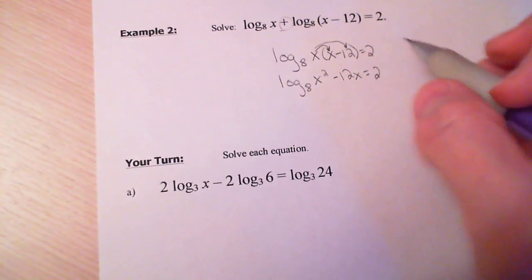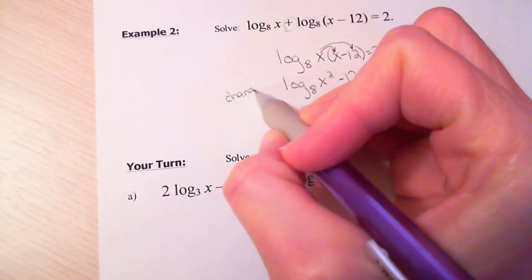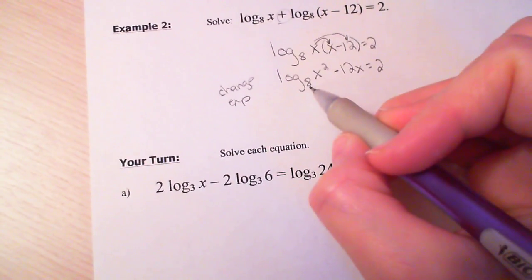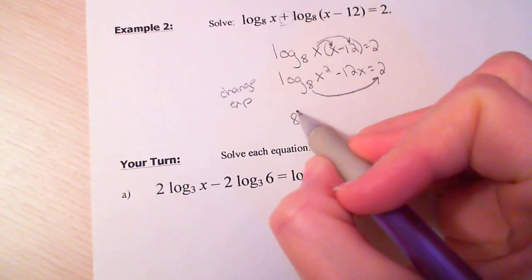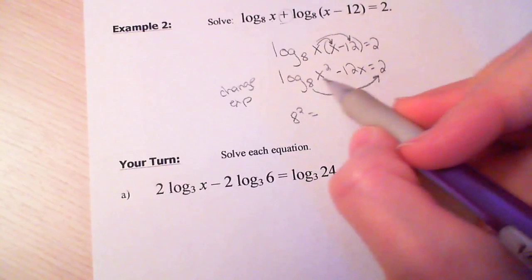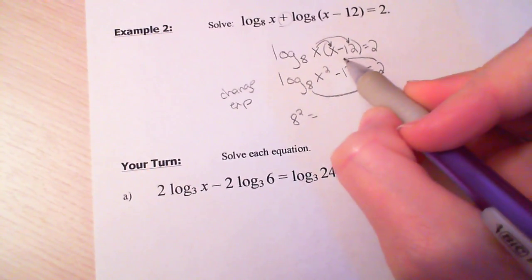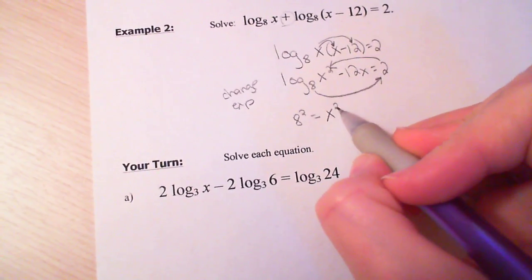So I need to change the form, right? So I want to change to an exponential. So I'm going to use my arrows and I'm going to say 8 to the second power. First arrow is everything to the left of the equal sign. And then I'm going to say equals x squared.